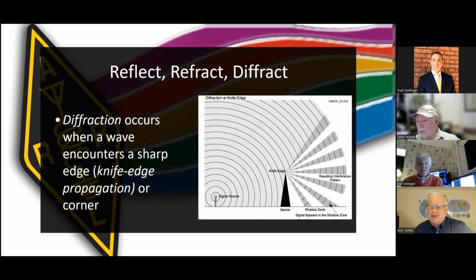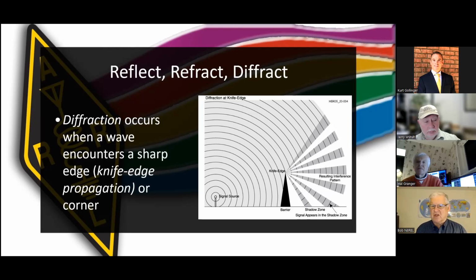And then diffraction, perhaps you saw this, well, I hope you saw this in your book. Diffraction is what happens when your radio wave hits a sharp edge, and a sharp edge meaning like the corner of a building or something.